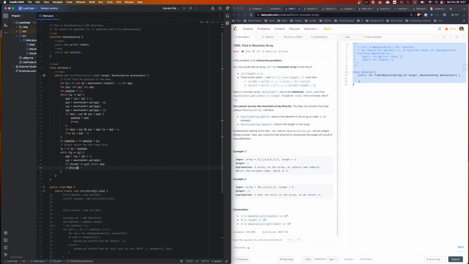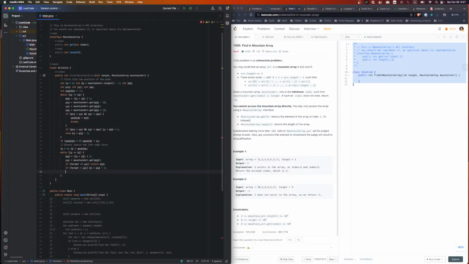If target is smaller than current, then high shall equal to mid, but I can do mid minus 1, else low equal to mid plus 1, because I have it equal, so I can shrink on both sides, right?